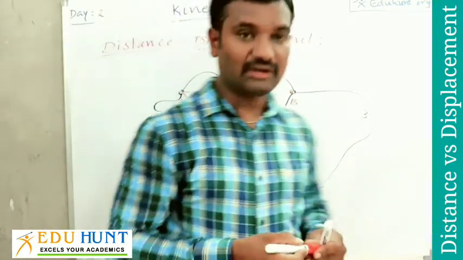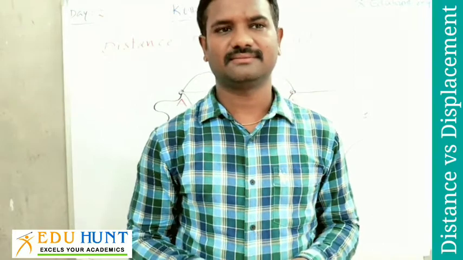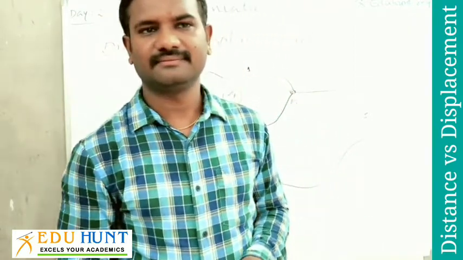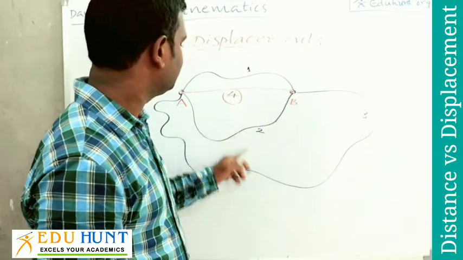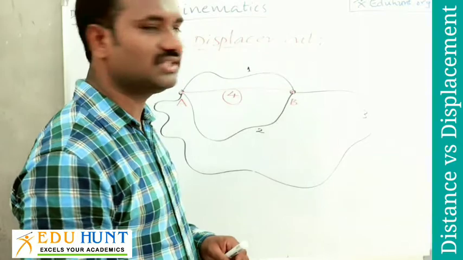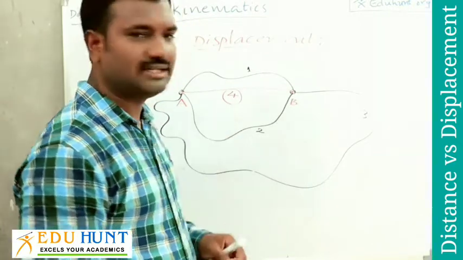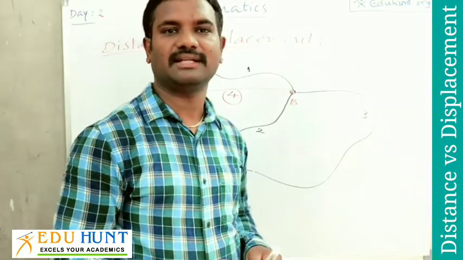Imagine that you are walking with constant speed. If you are walking with the same speed, in which path can you reach the destination in less time? Obviously, path number 4. What is the specialty of path number 4?